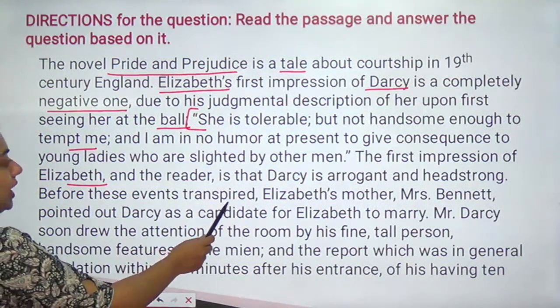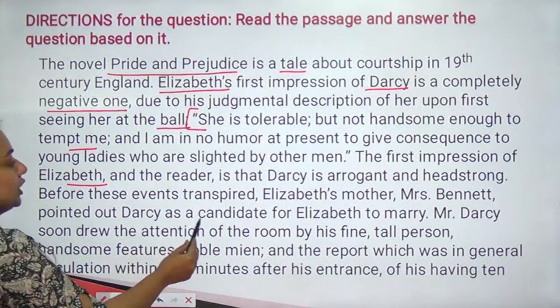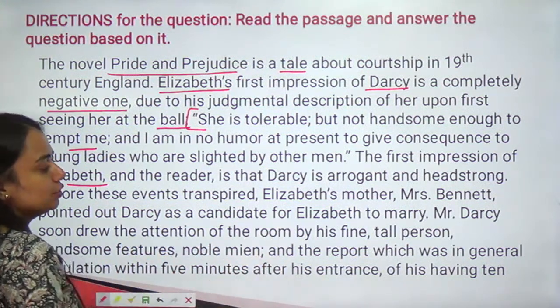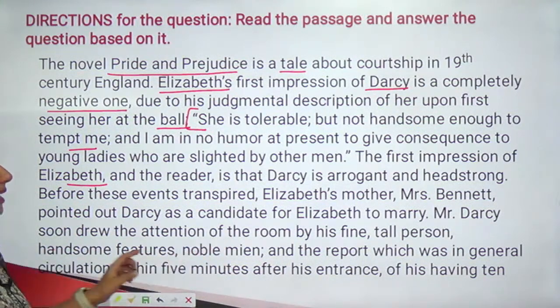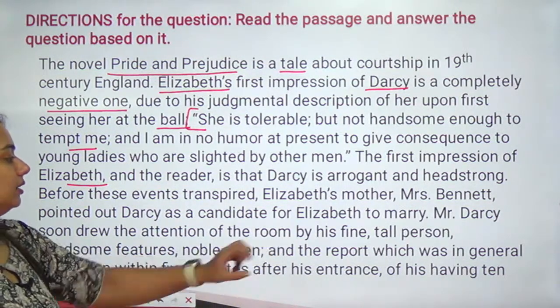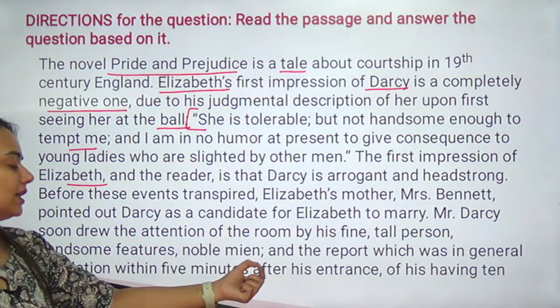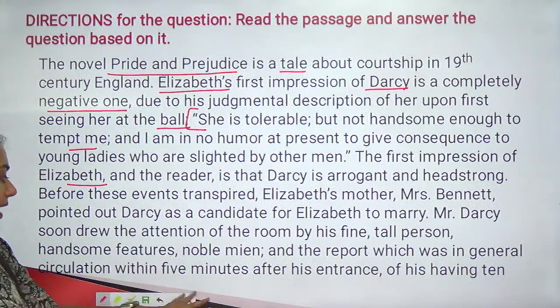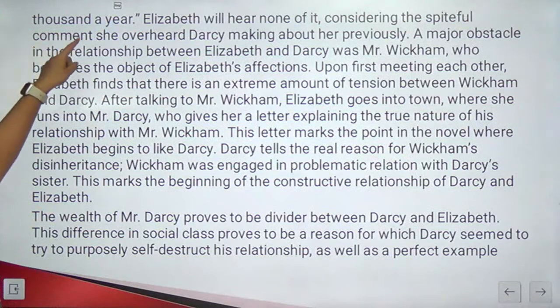Before these events transpired, Elizabeth's mother, Mrs. Bennet, pointed out Darcy as a candidate for Elizabeth to marry. Mr. Darcy soon drew the attention of the room by his fine, tall person, handsome features, noble mien, and the report, which was in general circulation within five minutes after his entrance, of his having 10,000 a year.